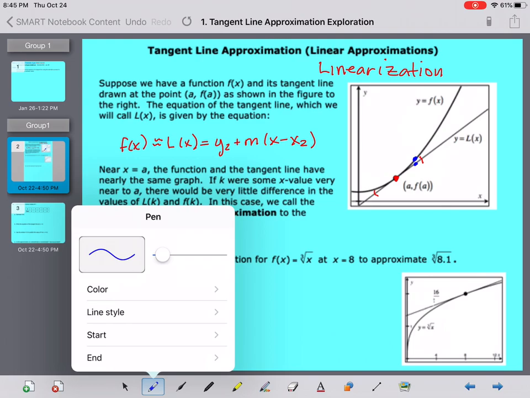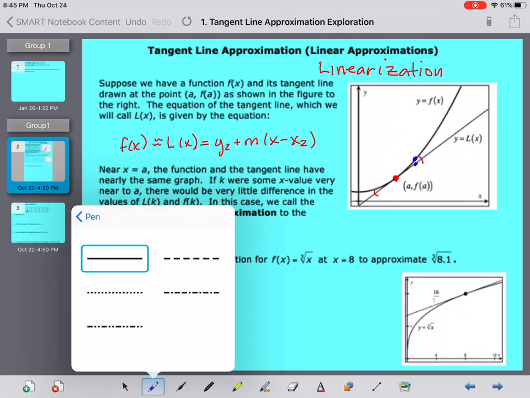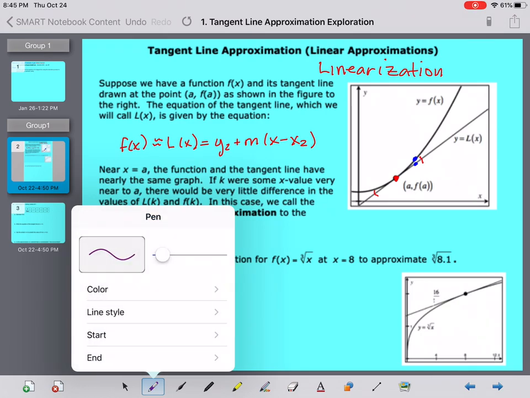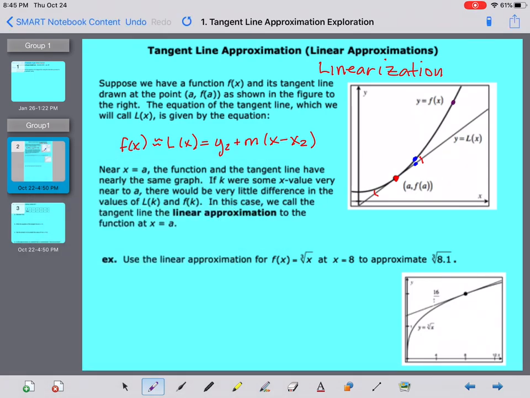However, if I was looking at maybe a different point, let's say this point right here, I wouldn't want to use the tangent line's point to approximate it there, because of the fact that there's too much distance between those 2 points. That would be a bad approximation. So the further we get away from that point of tangency, the worse the approximation is.